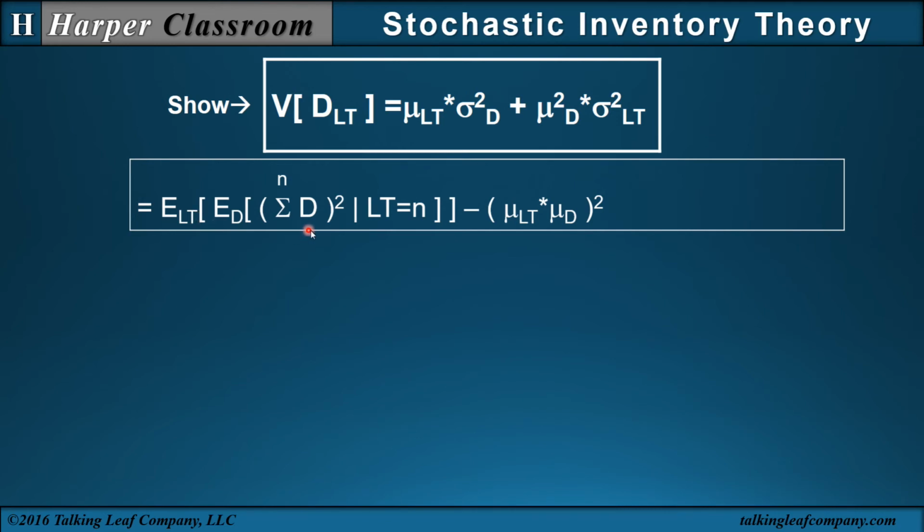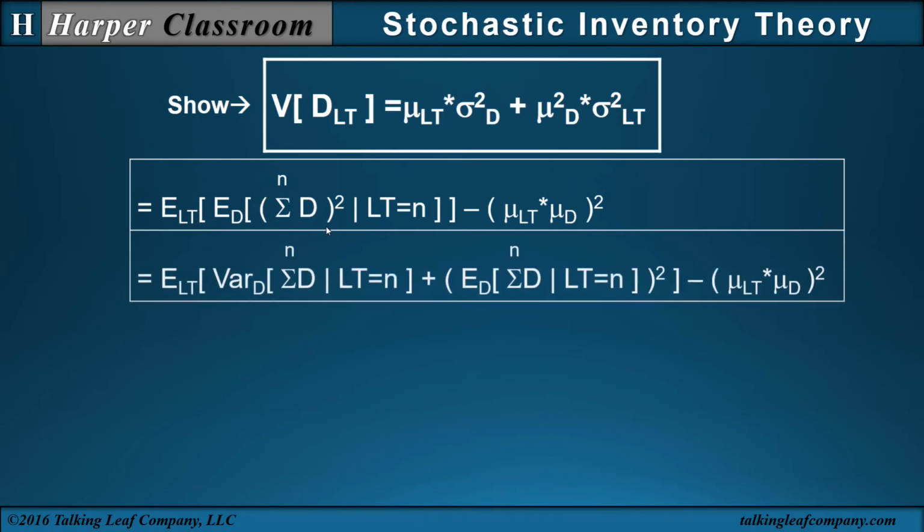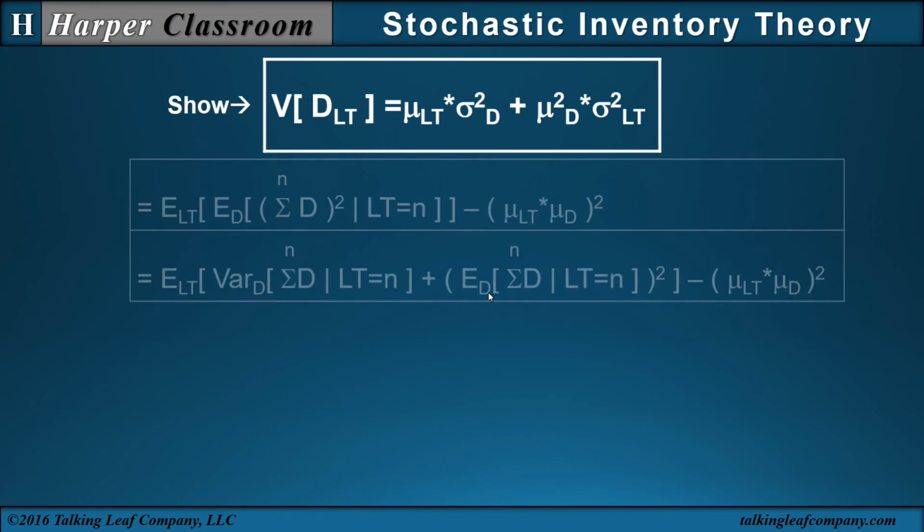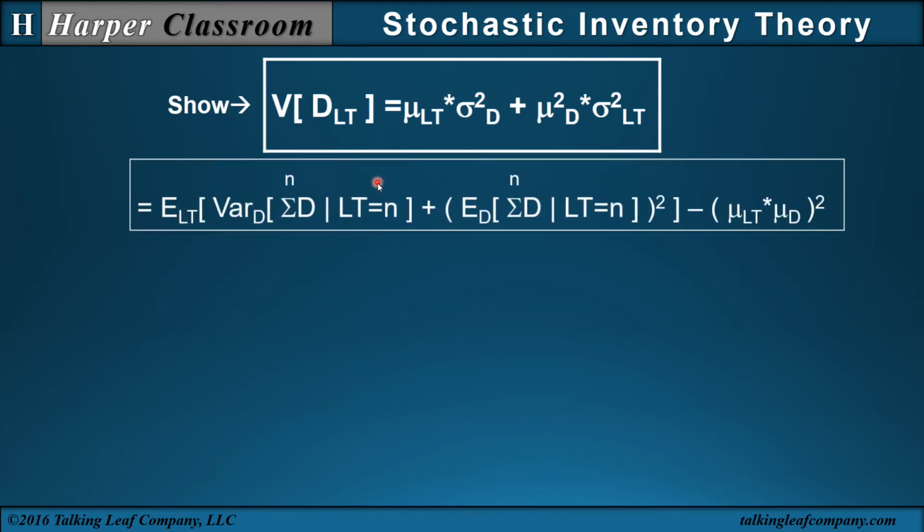Now the expectation of a random variable squared is the same as the variance of that random variable plus the expectation of the random variable, quantity squared, again from the relationships. And all of that is going to be the expectation relative to the lead time. But the lead time is a constant here until we take the expectation of it. But this is the variance of the demand, and this is the expectation of the demand. We bring this expression up.